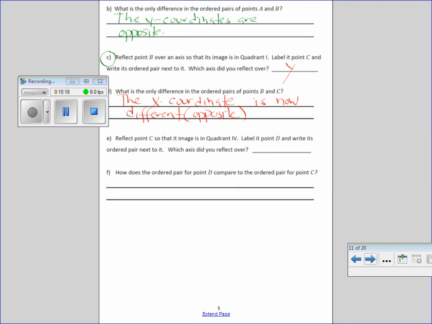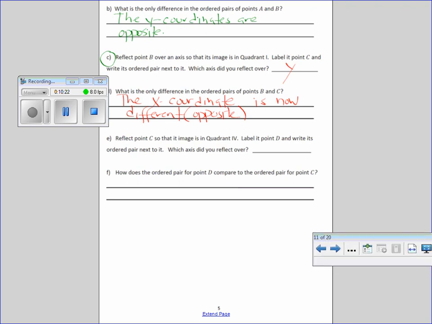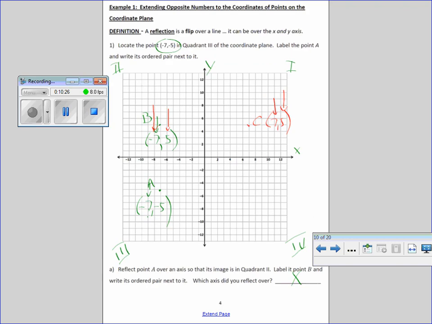Okay, everybody try part E. Who would like to come in and plot the point? All right, Ben, you got it. Pick blue, just so we could see it.